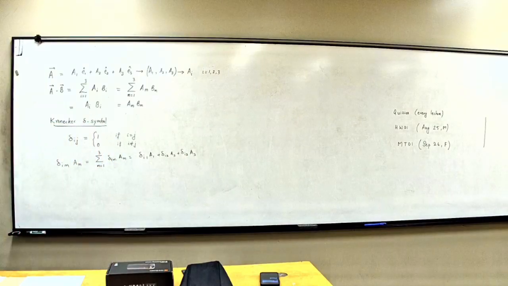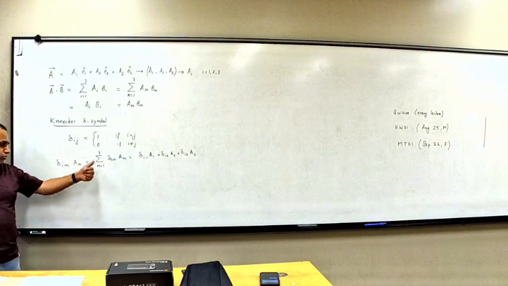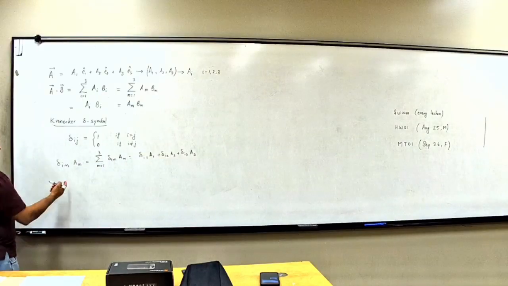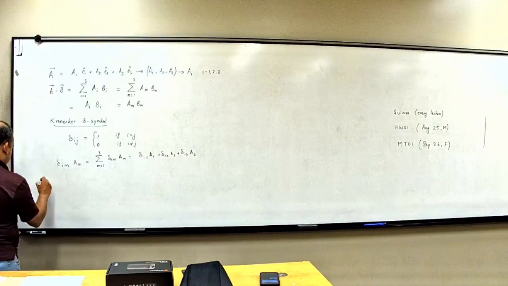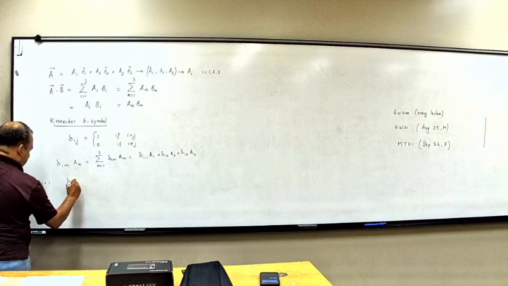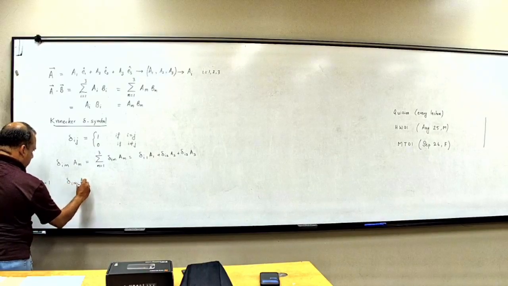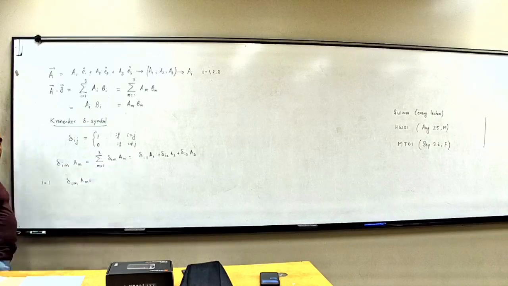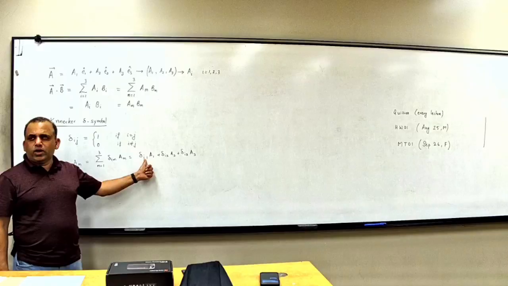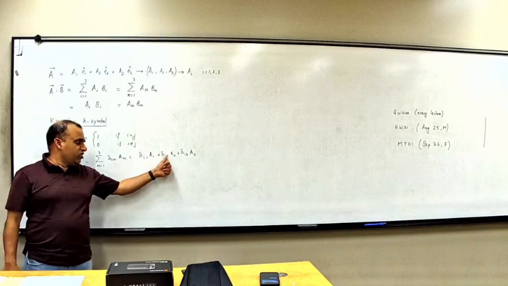Agreed? But i itself is free. I have a left hand side and a right hand side. So let me say if i is equal to 1, then this means that delta 1m Am is equal to that summation. If i is equal to 1, there is a delta 11 showing up, that's 1, and these two are 0.